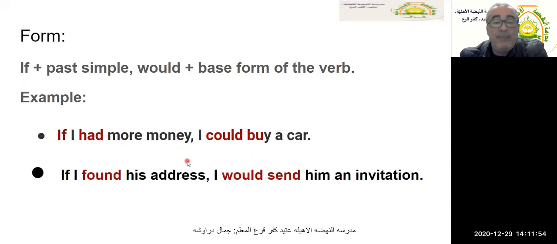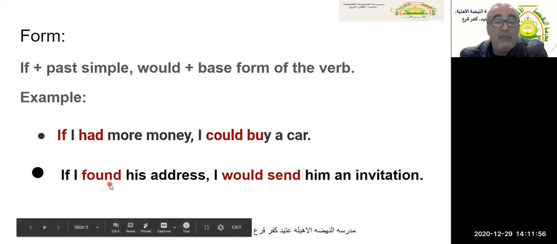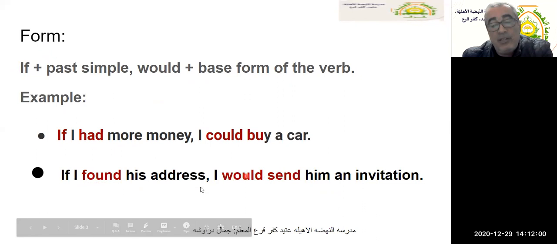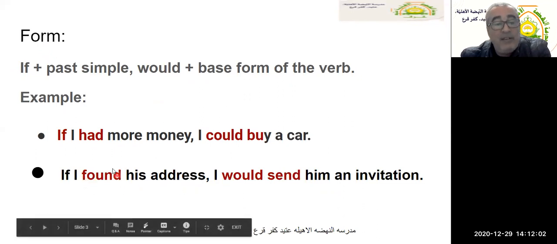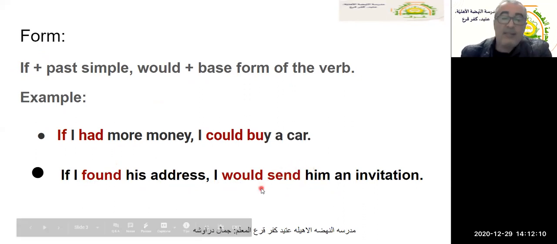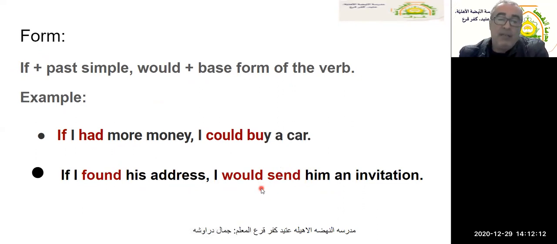Let's move on. If I found his address, I would send him an invitation. Now, if I found, again, the past simple in the if clause, and would plus the base form in the answer. Okay. What does this sentence mean? Let's think about it. Does this mean that now, in the present, I have his address?